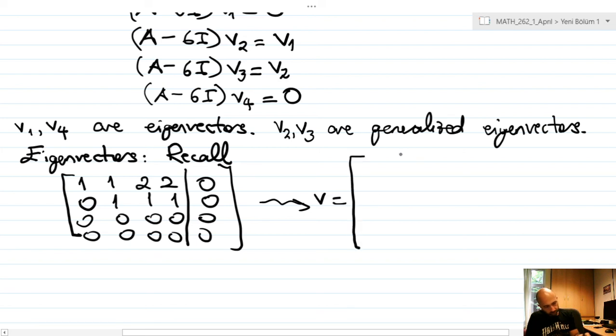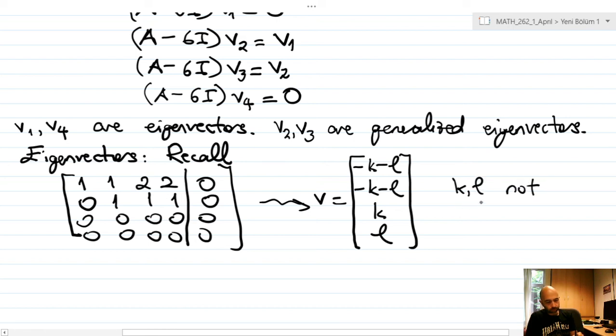You have two free variables, k and l here, let's say, and the others you can compute from the equations, they are both minus k minus l, and k, l not both 0. One of them could be 0, but if you have both of them 0, that's trouble, because you would get 0 as an eigenvector, which you don't want.